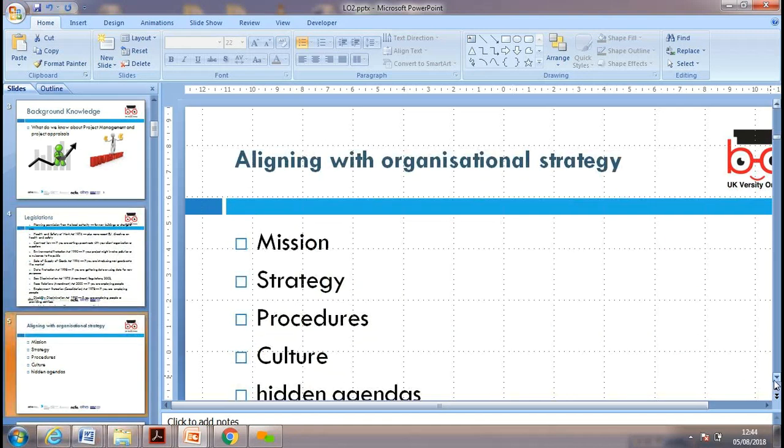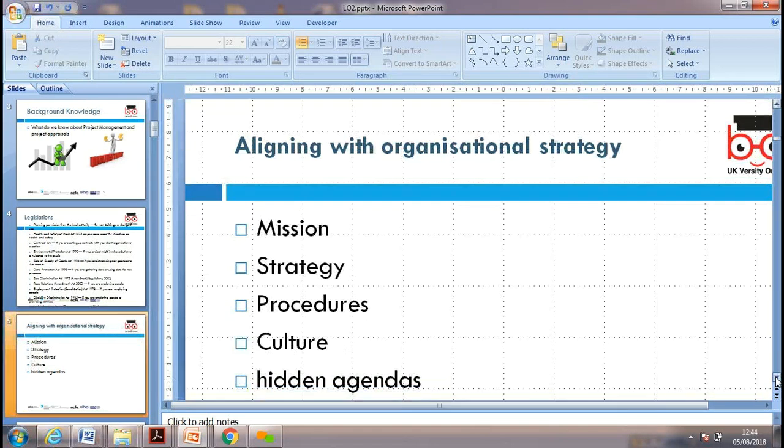Okay. When we plan any project, we need to align with the organization's strategies, so the mission of the organization, and not contradict it.